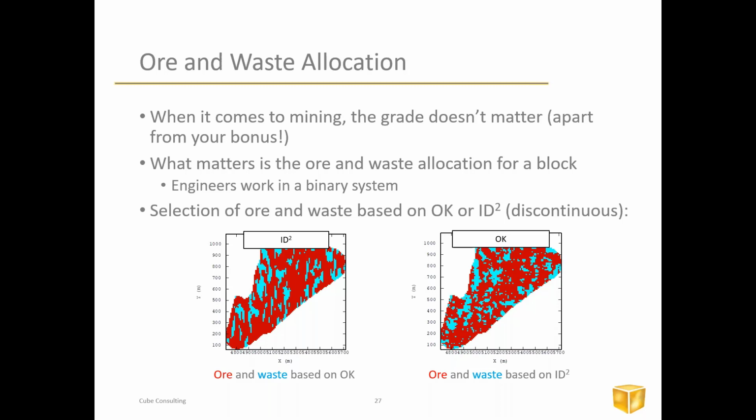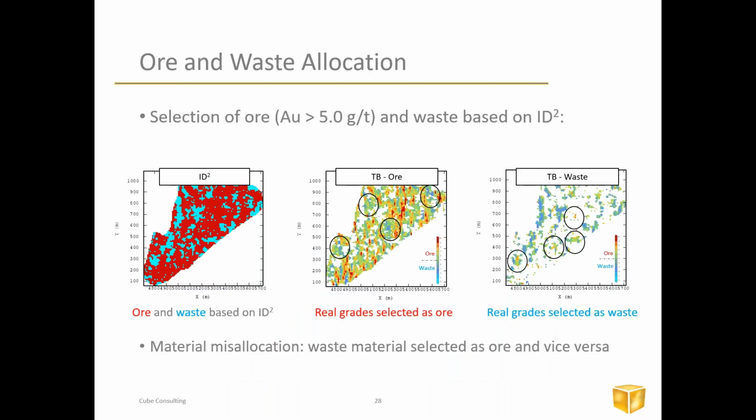So if I try to apply a selection of ore and waste on the ID square and the ordinary Kriging, the red squares are ore and the blue are waste. I hope there are no colorblind people in the room. And then I'm going to have a look at the true grade using this selection. Let's start with the ID square. I've selected my ore and waste.